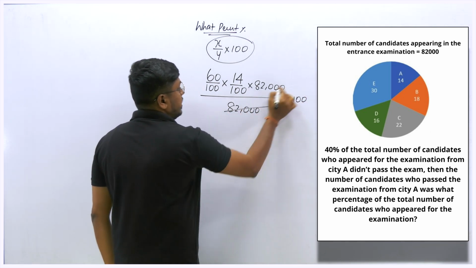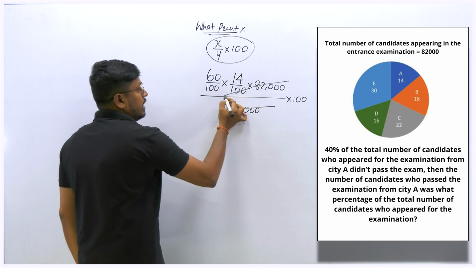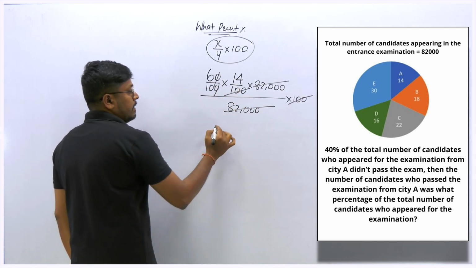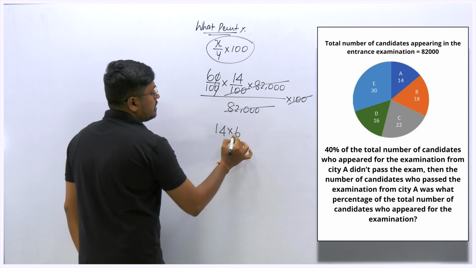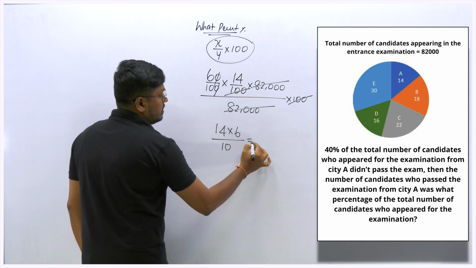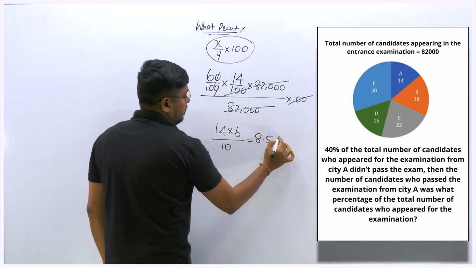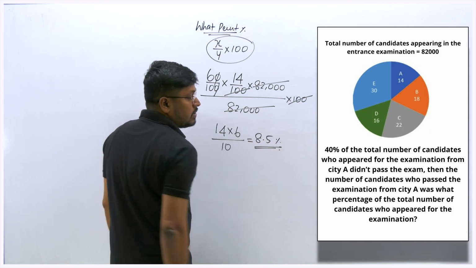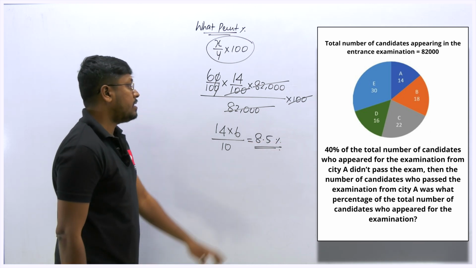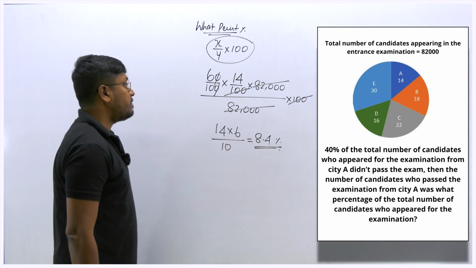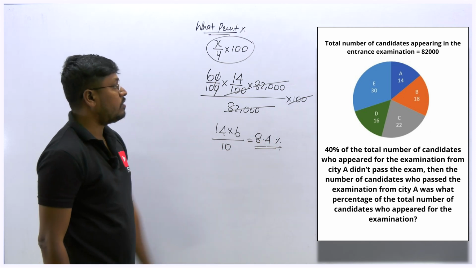We can cancel 82,000, we can cancel 100 here, 10 and 10 here. So 14 into 6 divided by 10, this will be 84 divided by 10, that is 8.4%. So 8.4% will be the answer for this question.